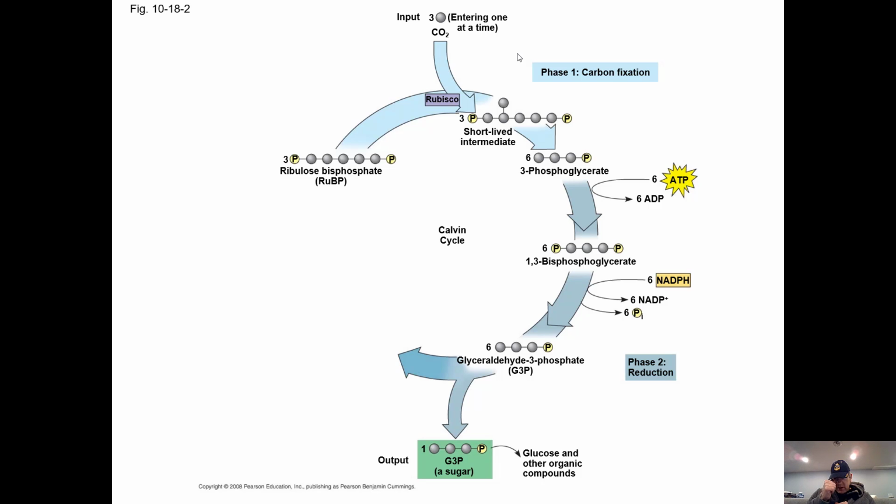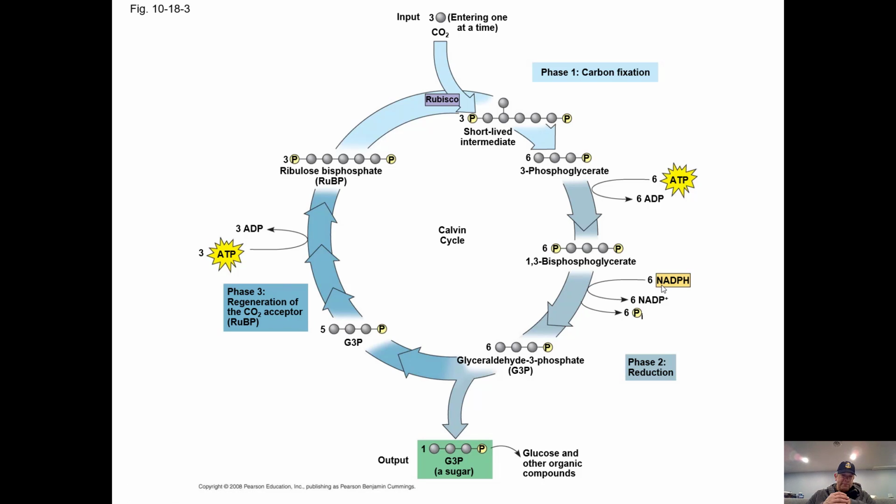We get glyceraldehyde 3-phosphate, and then we're going to pull one of them out of there, and then we're going to continue on, but that's the second phase, called reduction, or basically the reduction of carbon dioxide, and that's happening right there with the NADPH. That's the reduction.